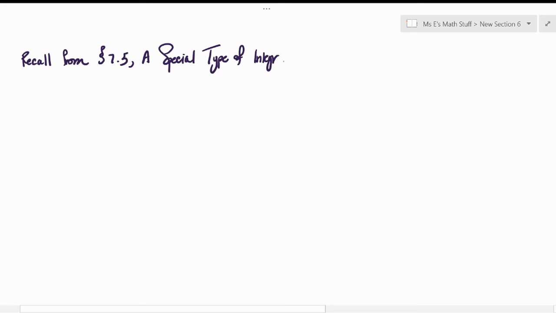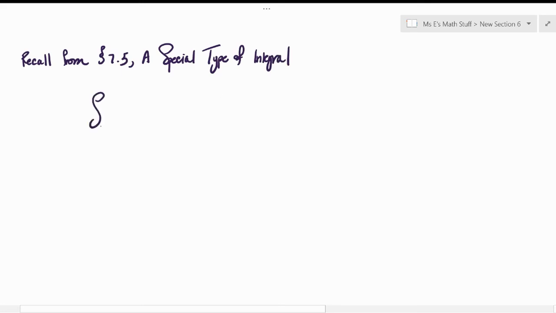Let's talk about recall. It's been a while, but from section 7.5, there was a special type of integral.